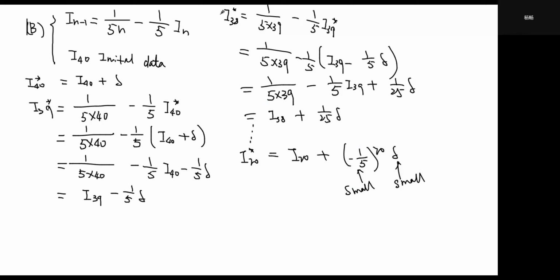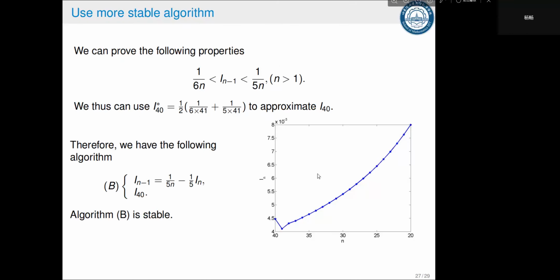So now it remains the last question: how to find a good approximation of I40 as the initial data. Let's go back to my slide. Here you see I wrote down a property for I_{n-1}.